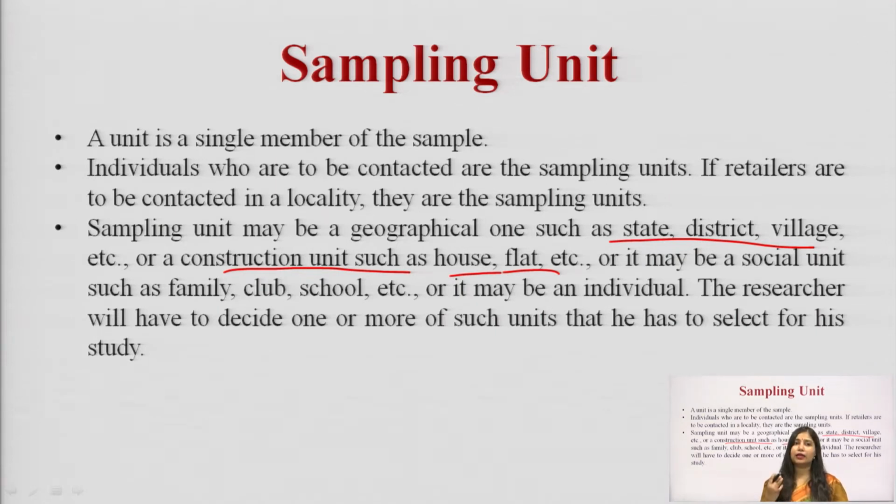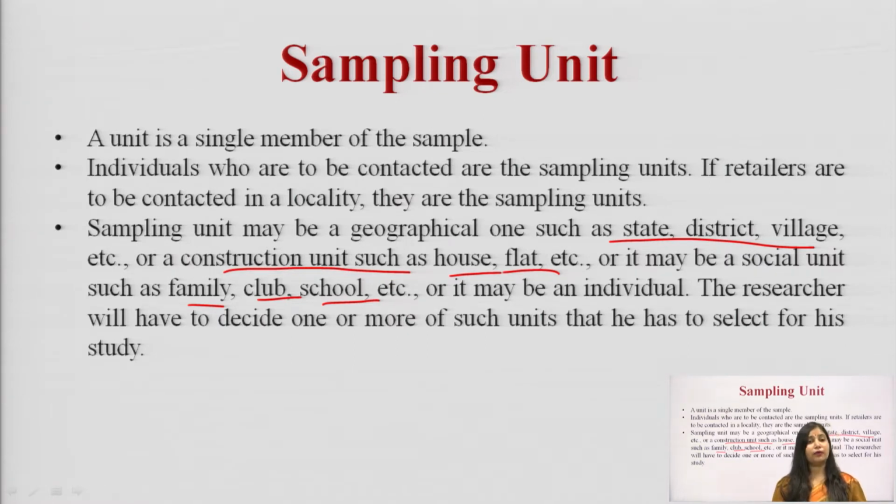If you talk about the social unit in sampling, then the social unit may be a family, club or school. Take an example: you want to know about sports preference in schools, how much importance sports get in a school.